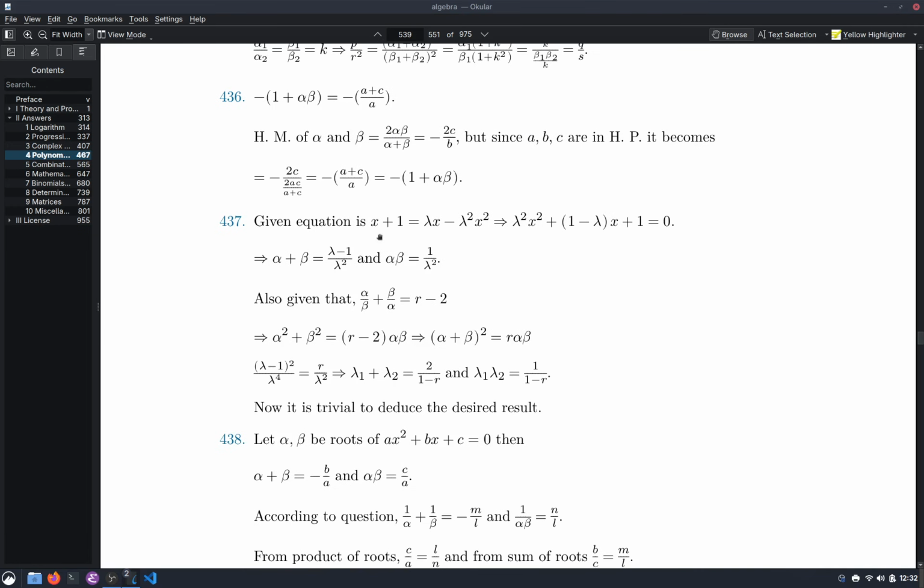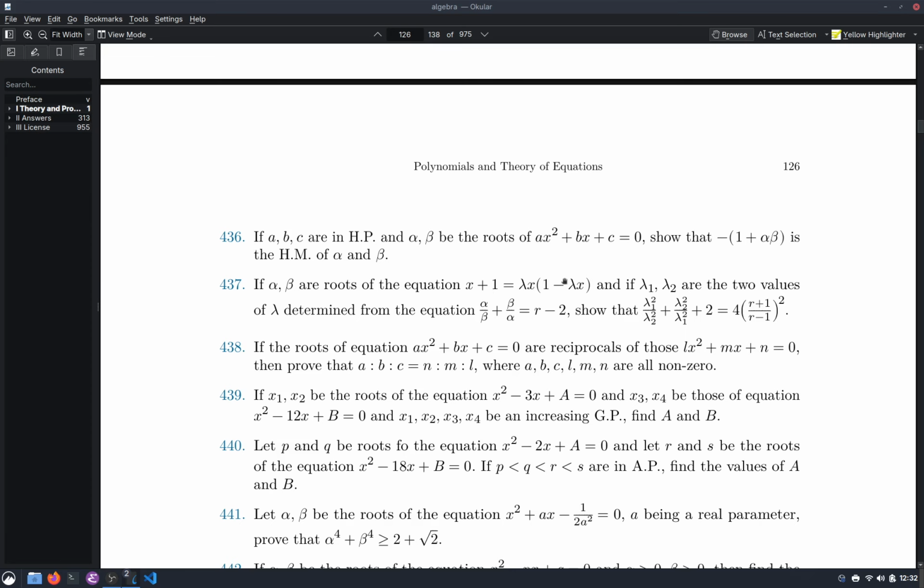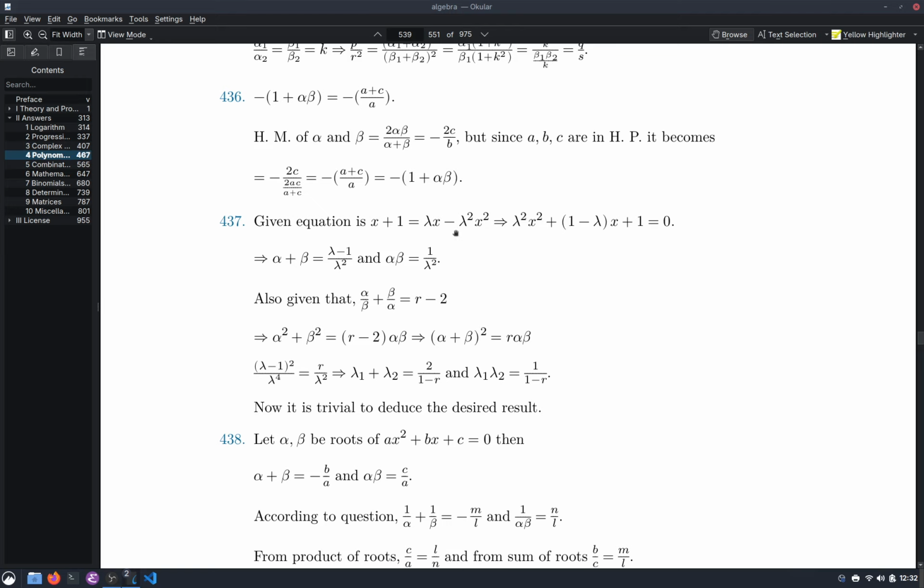So what we do is this given equation, x plus 1 is equal to lambda x into 1 minus lambda x, we write that and form a quadratic equation. So we get lambda square x square plus (1 minus lambda) x plus 1 is equal to 0.